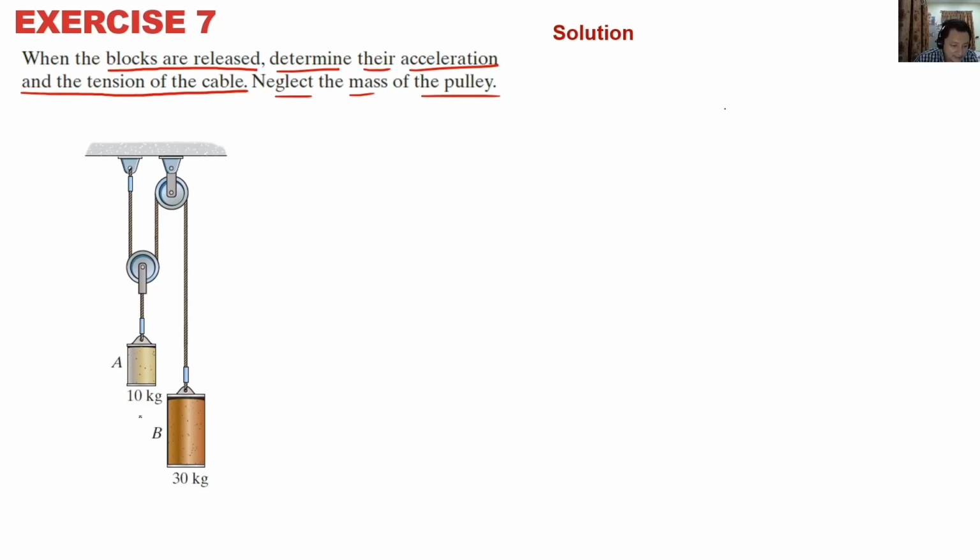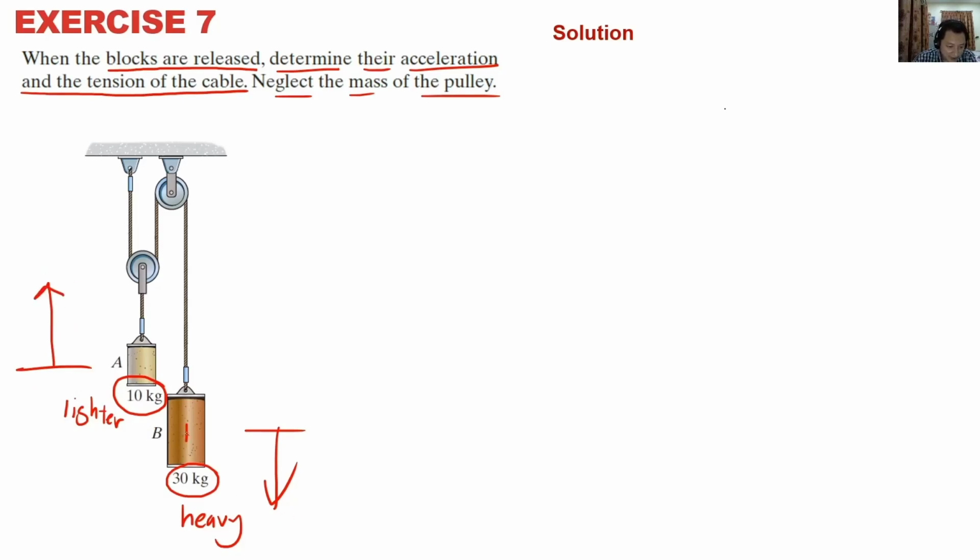So look at this problem. This is 30 kilo. So this is heavy. This is 10 kilo. This is lighter. So when the blocks are released, definitely 30 kilo will go down. Why? Because it's very heavy. If 30 kilo goes down, block A will go up.